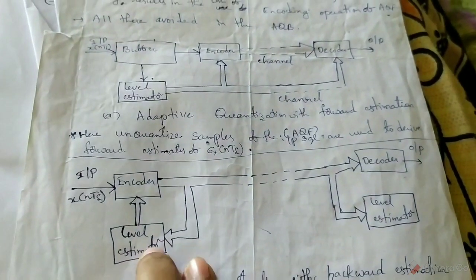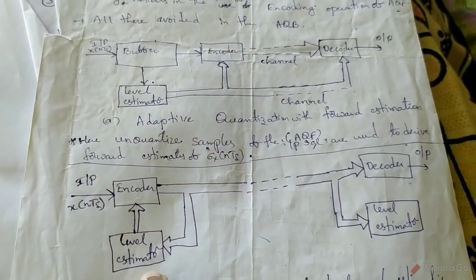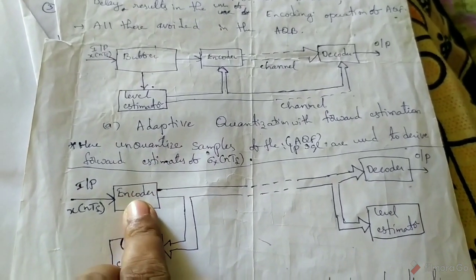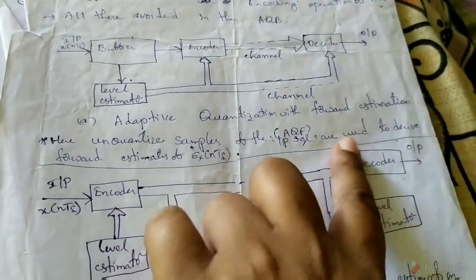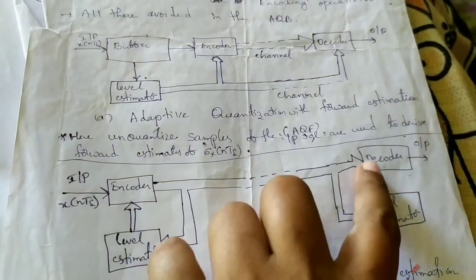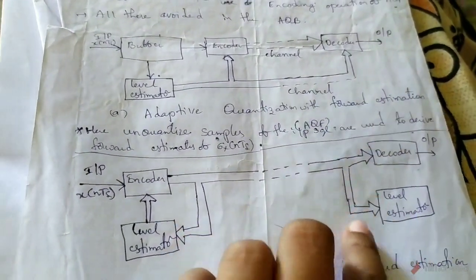But here, the level estimator collects the data from the channel directly and gives it to the encoder, and we use two level estimators. From this channel it will collect the information. I think here also it should be there. Okay, I will check it.